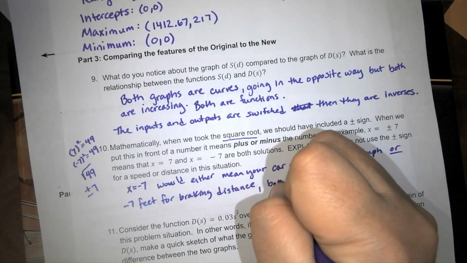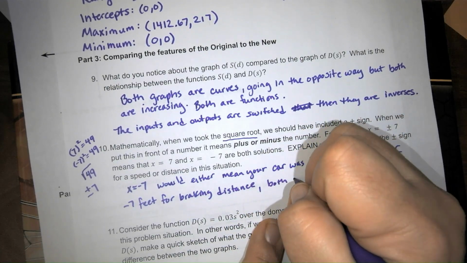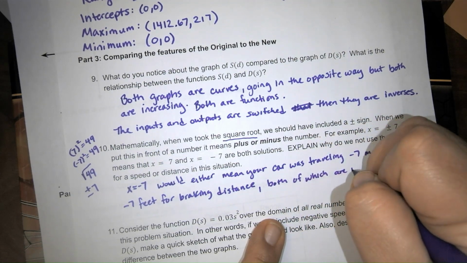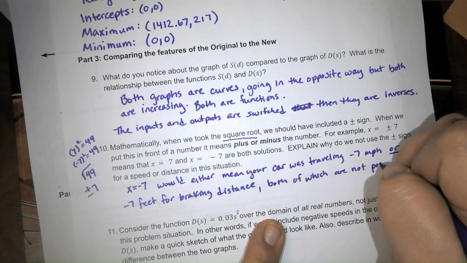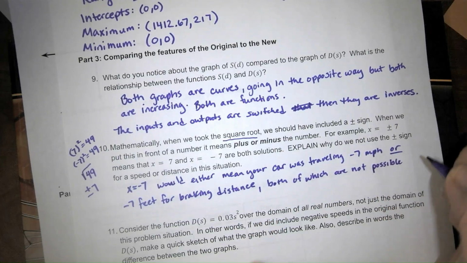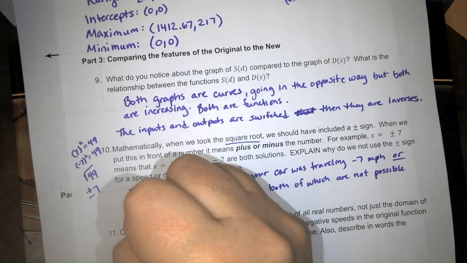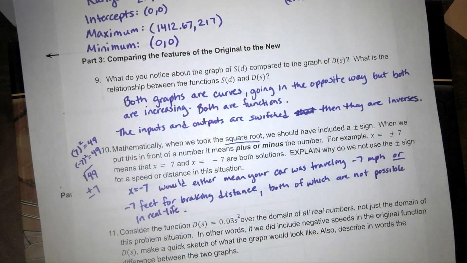Both of which are not possible in real life. So we really only considered the positive parts of the x values for our domain, 0 and positive parts.